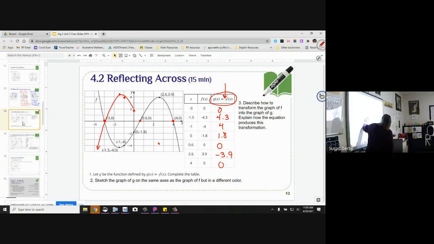We can reflect our entire graph upside down.